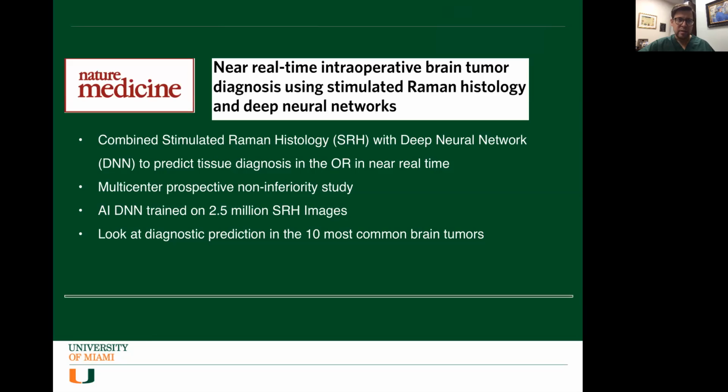So then taking this technology and then applying artificial intelligence was really the next key step. And I can't take credit; that was really Todd Holland and Dan Orringer in Michigan who decided to look at this. And what they wanted to do was use deep neural network learning or machine learning by training AI on 2.5 million Raman histology images with the 10 most common brain tumors, and then with non-lesional tissue, to see if using this, can we develop a network that could then read future images.